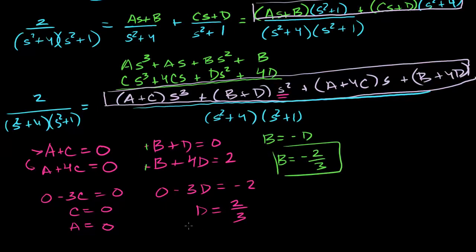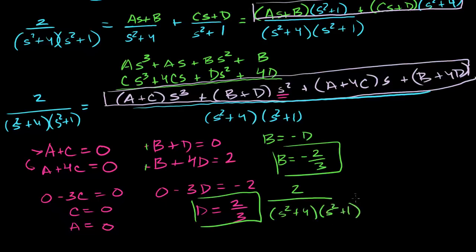Let's remember all of this and go back to our original problem. So let me just be clear. We can rewrite 2 over s squared plus 4 times s squared plus 1 as, well, a is 0, b is minus 2/3. So this is equal to minus 2/3 over s squared plus 4.